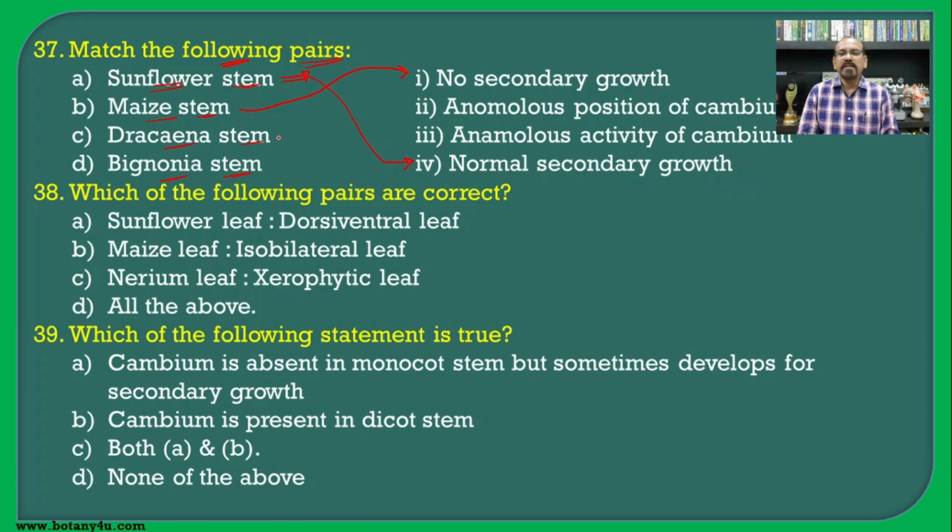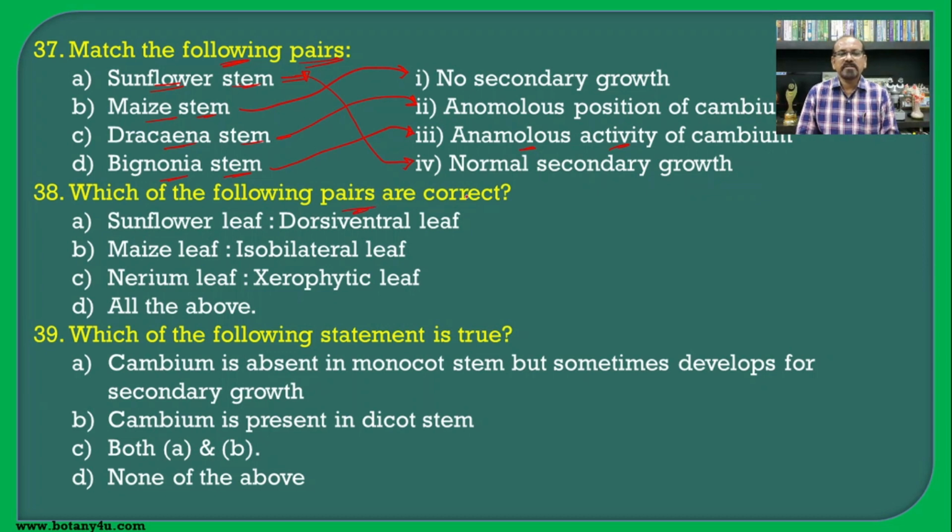Then Dracaena stem, here it is a monocotyledon, hence absence of the cambium, but later on there is a development of the cambium, and hence anomalous position of the cambium. And in Bignonia there is a formation of the phloem wedges because of the unequal activity of the cambium, that is known as the anomalous activity of the cambium. In this way there will be the pairing between these different characters.